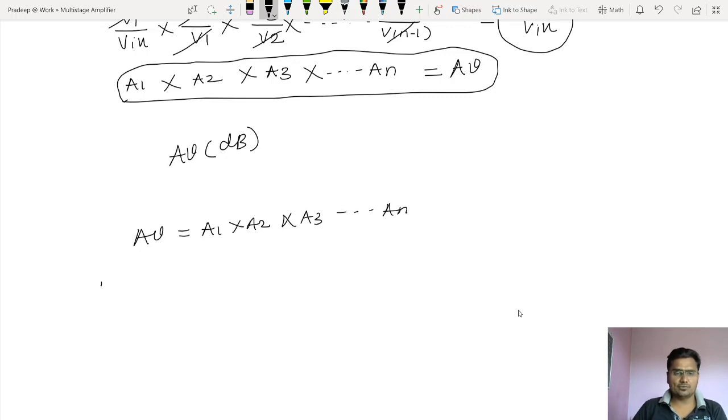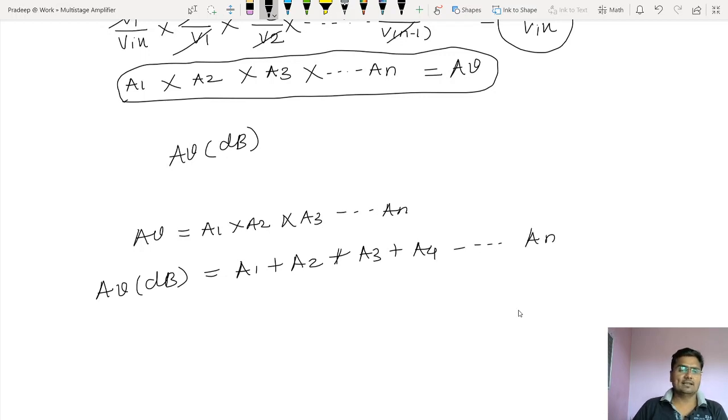Now if I want to express the same in dB, then what will I write? I will write A1 plus A2 plus A3 plus A4, like this. I have to add. Here the addition is there, but here the multiplication. See, in decibel or log scale, multiplication becomes addition. So this is the actual gain of all the stages.